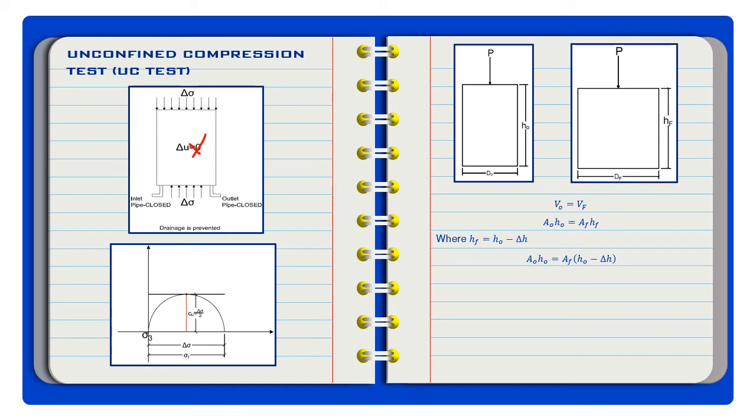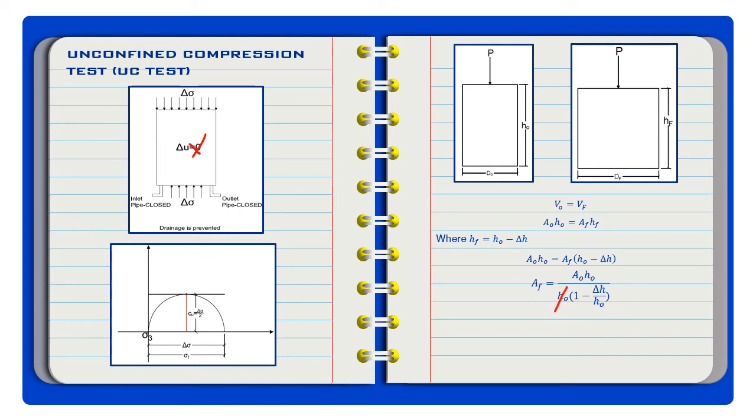So, arranging the term, ang goal kasi natin, makuha natin yung area final. So we will arrange the term. We can now have AOHO divided by HO minus delta H. So inilabas lang natin yung HO doon. So magiging ganito yung denominator, which is HO times 1 minus delta H over HO.